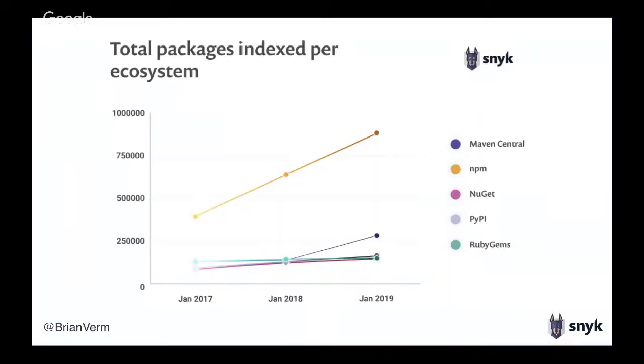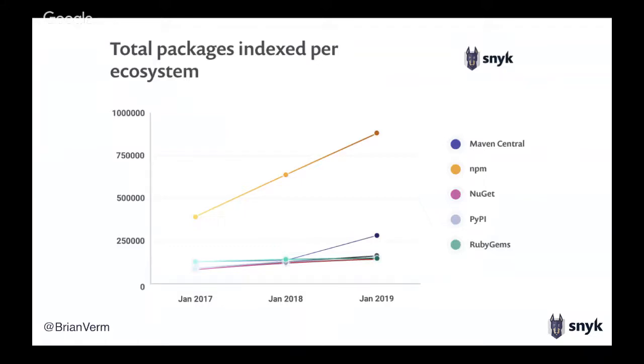If we look at the ecosystems over the last couple of years, you see that the biggest growth was in NPM. It grows enormously. I think they have multiple packages for everything you want to do. If you want to do something, NPM will probably supply you with a dozen packages. But if we're looking at Maven Central, for instance, you see that the growth over the last year is quite substantial.